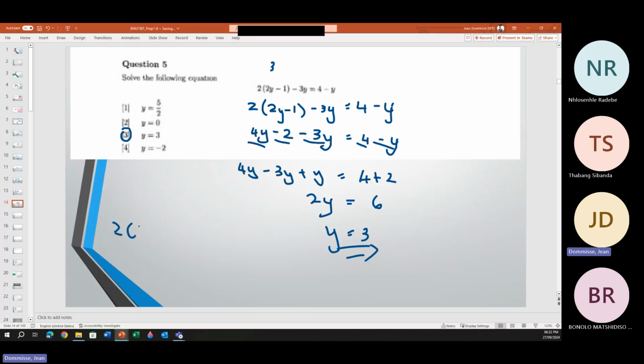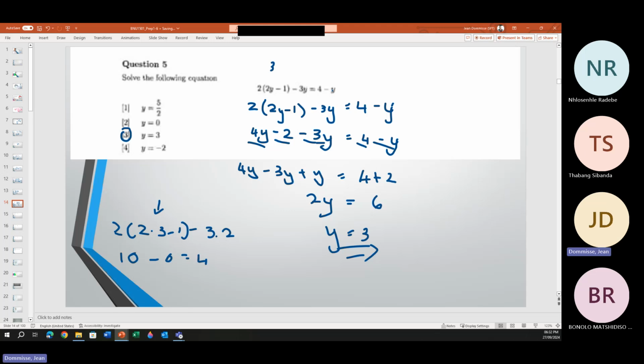So 2 times 3 minus 1, minus 3 times 2. So brackets first. 2 times 3 is 6. 6 minus 1 is 5. 5 times 2 is 10. 10 minus 6 must be equal to 4.